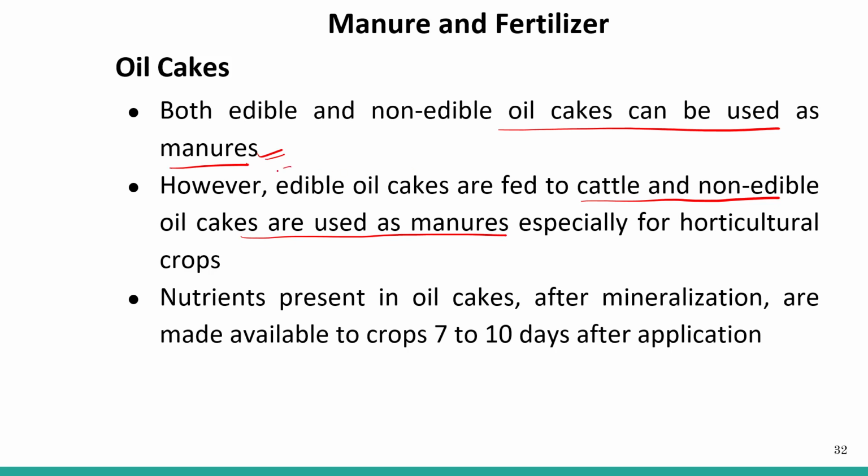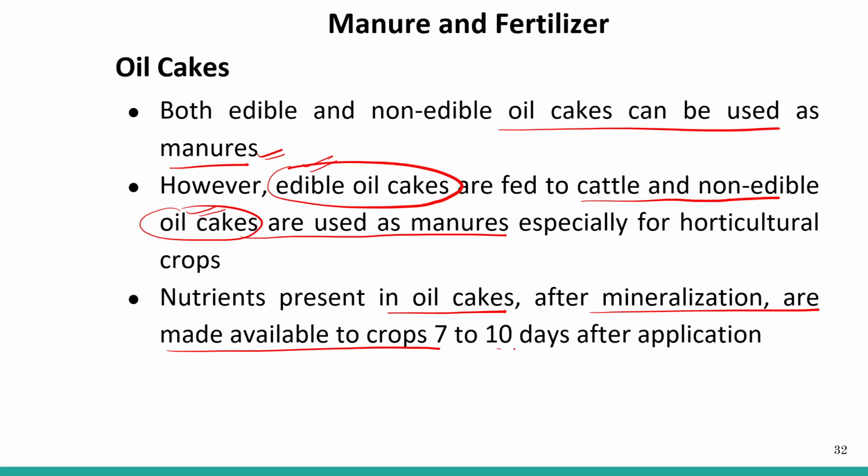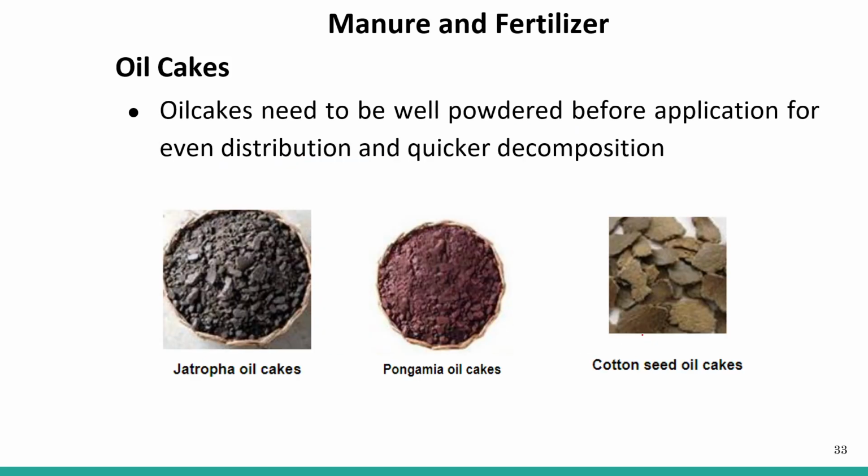Nutrients present in oil cakes after mineralization are made available to the crop 7 to 10 days after application. These are the different oil cakes: Jatropha oil cakes, Pongamia oil cakes, cottonseed oil cakes.